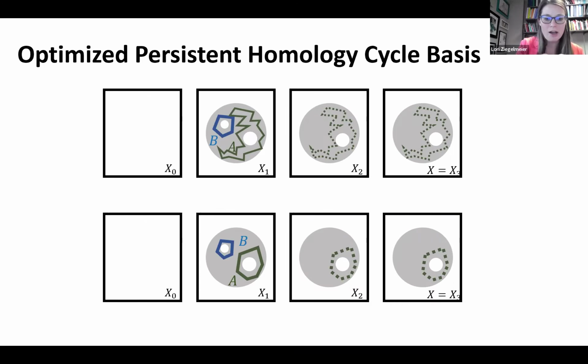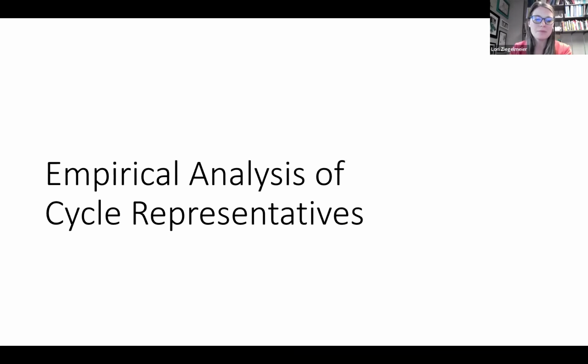And so you don't actually get a completely optimized persistent homology cycle basis, but you get a persistent homology cycle basis where each cycle is optimized. So that's just one point to pay attention to.